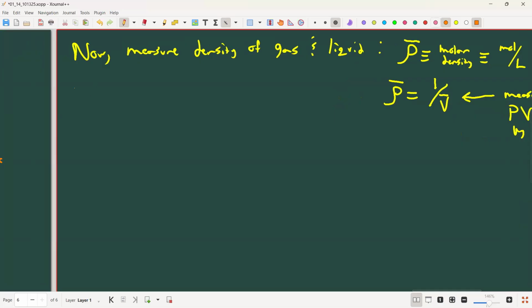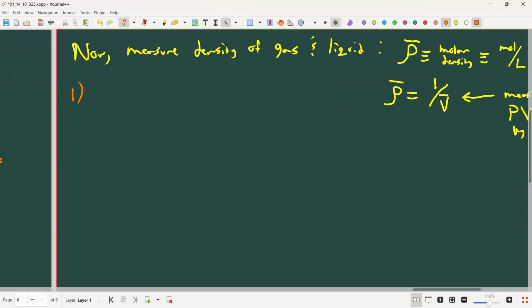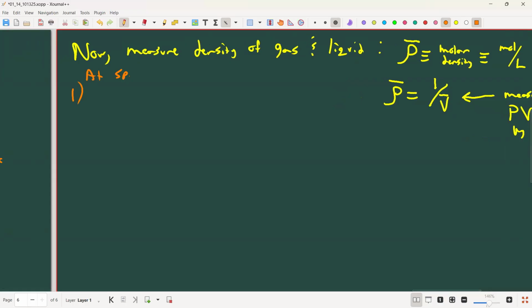Right? So all I want to say is that at this special temperature, the heat content of liquid is equal to the gas, right? Is that also true for the PV work?